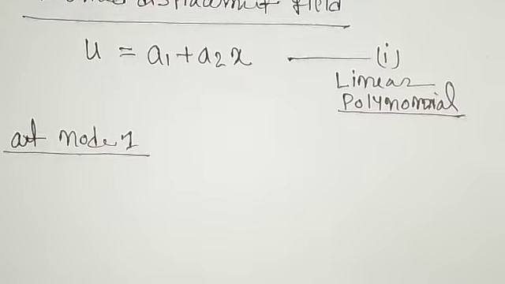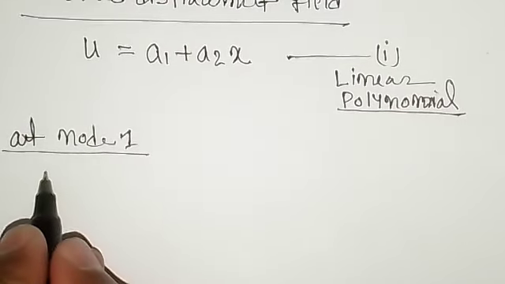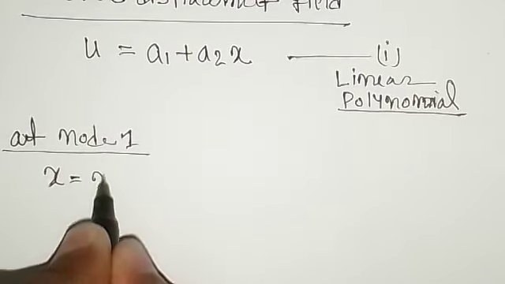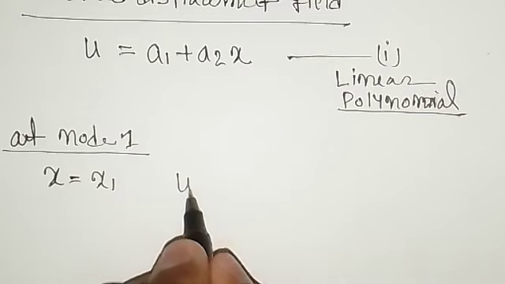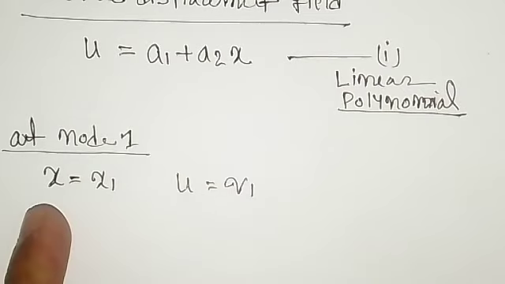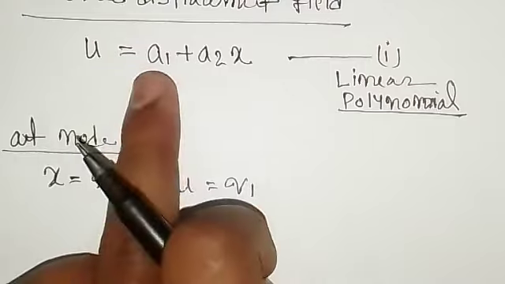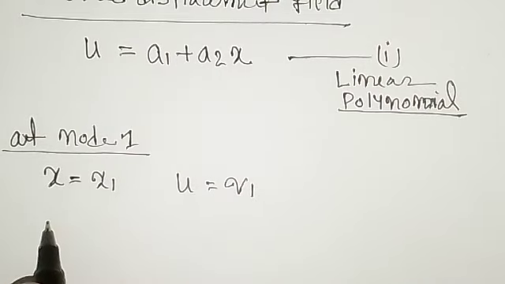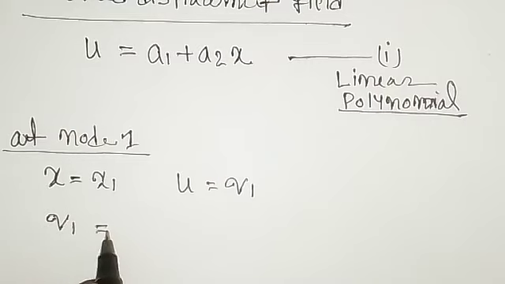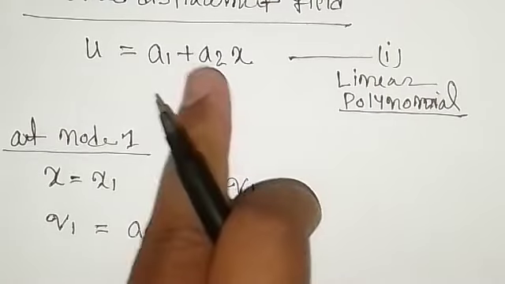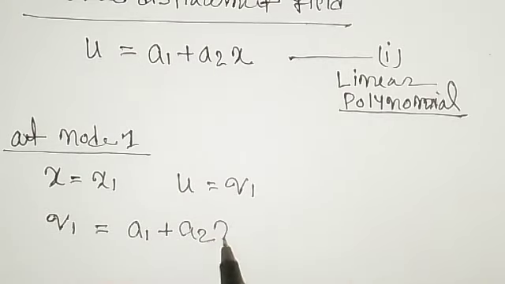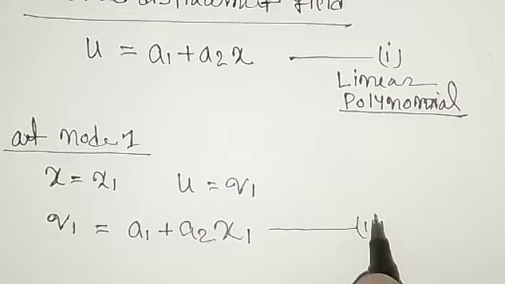So at node 1, x is equal to x1 and u is equal to q1. When we substitute this boundary condition into this equation, we can write q1 is equal to a1 as it is plus a2 x1, right? Let's say this is equation 2.